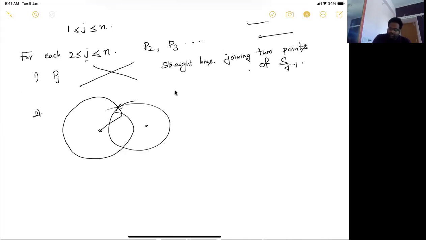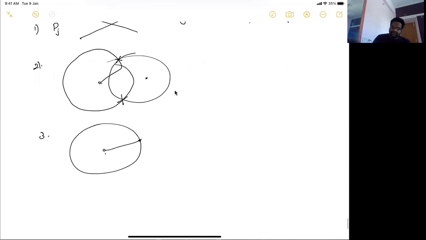If you obtain the given point as the intersection of these 2 circles, this is another procedure. Or, just like in the second case, you take the center as a point in Sj minus 1, radius as the distance between any 2 points in Sj minus 1, and a straight line as joining any 2 points in Sj minus 1.